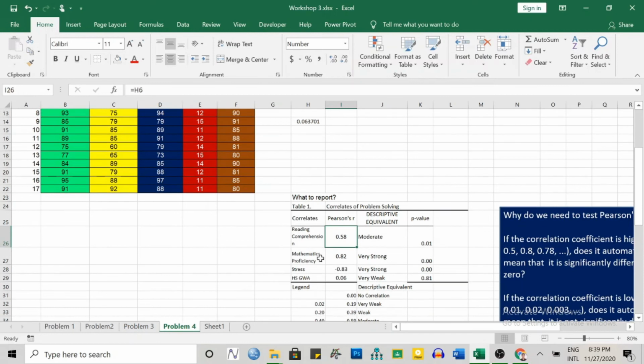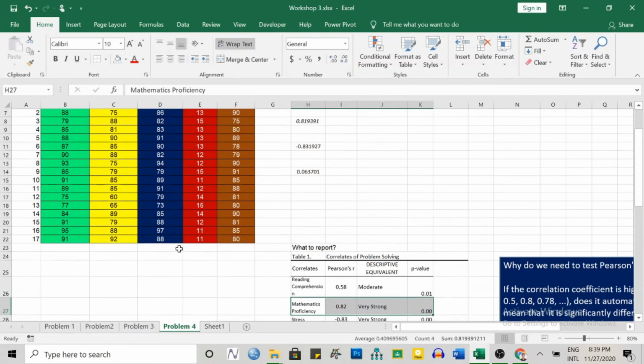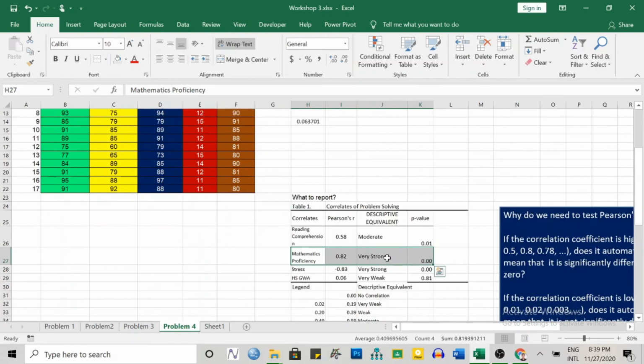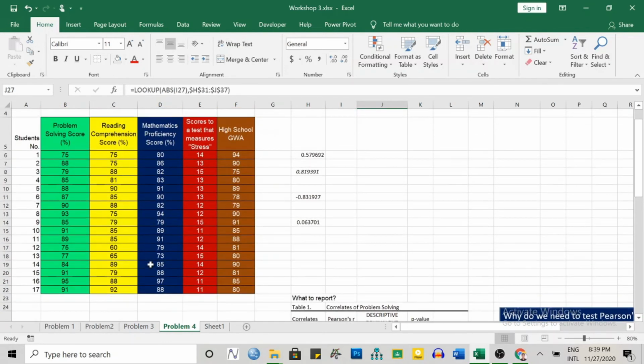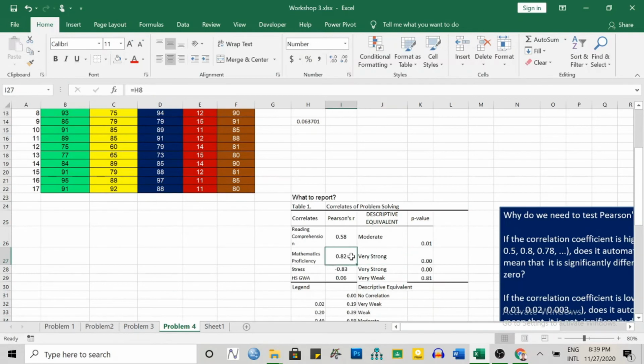How about the second pair of variables, problem solving and mathematics proficiency? The correlation is very strong. So how do we interpret this one? It is also positive and it is significant, meaning it is significantly different from 0. It's actually even higher than the first correlation.